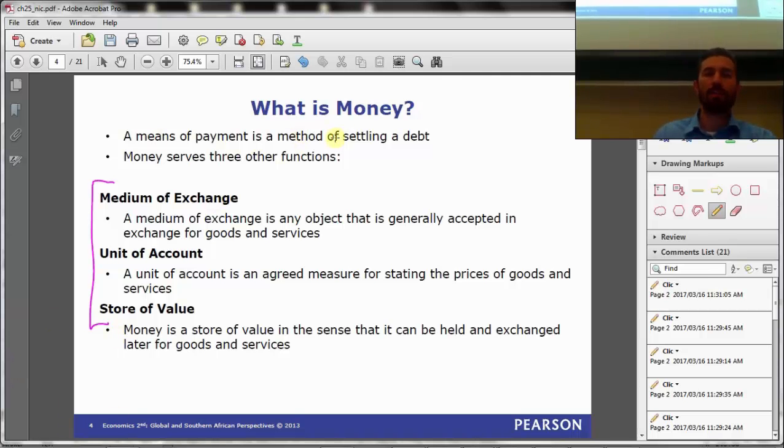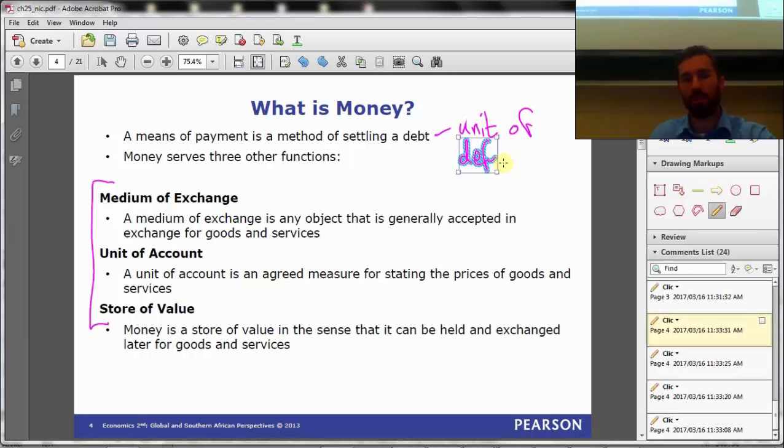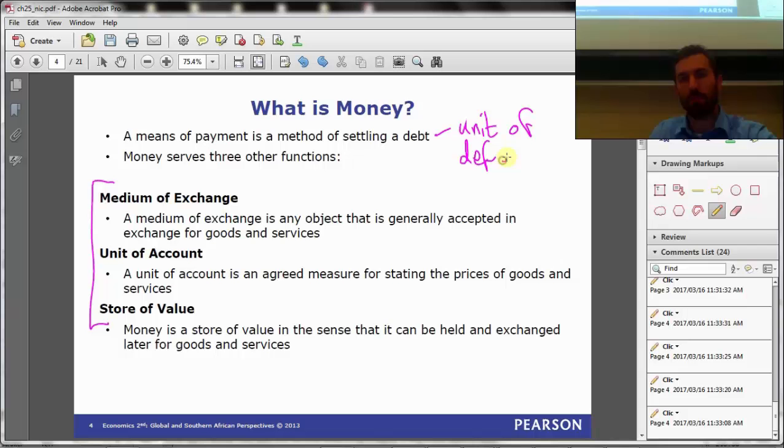It's a means of settling debts. In other words, what we say here is that it's a unit of, and the terminology is deferred payment. Unit of deferred payment. I've done that wrong. Deferred payment.